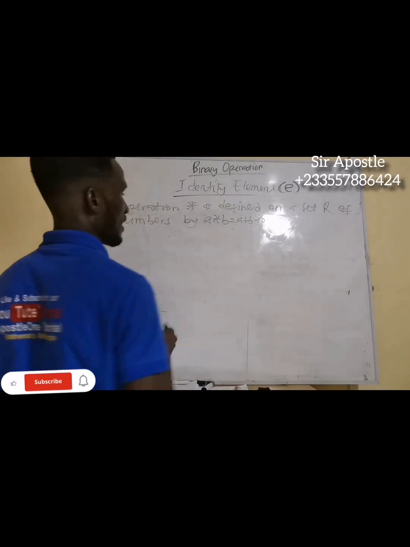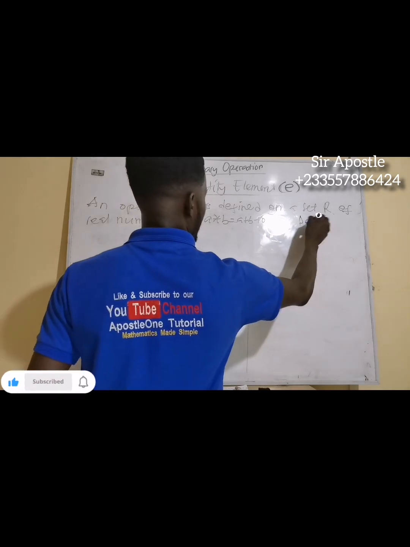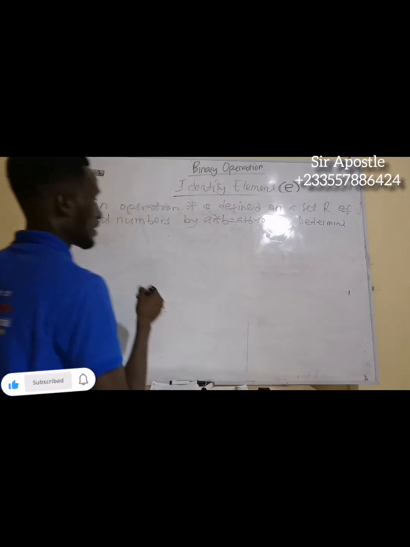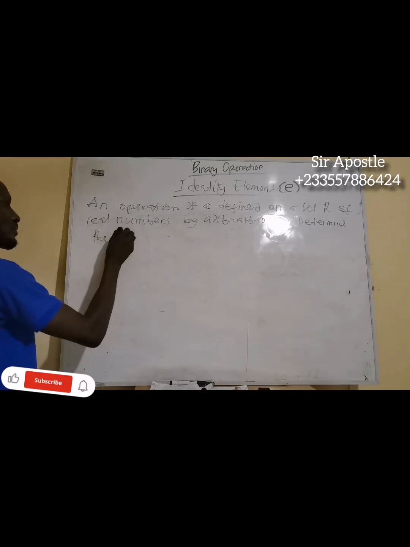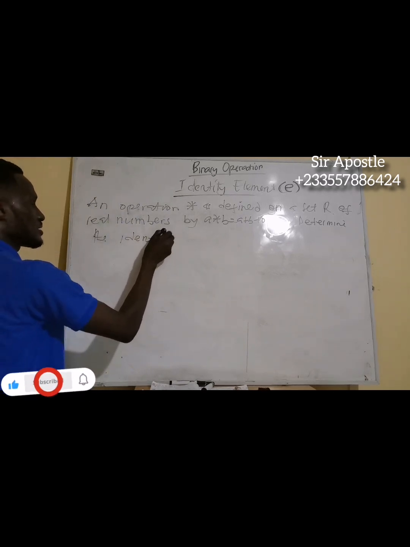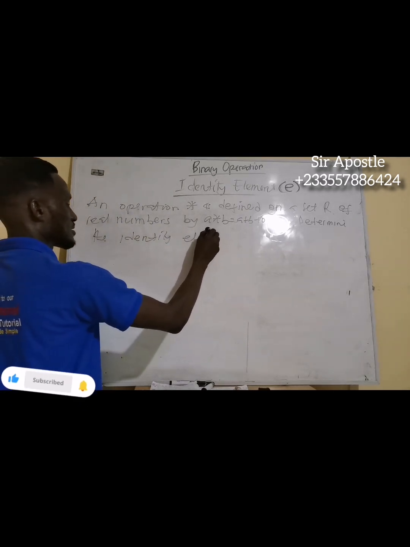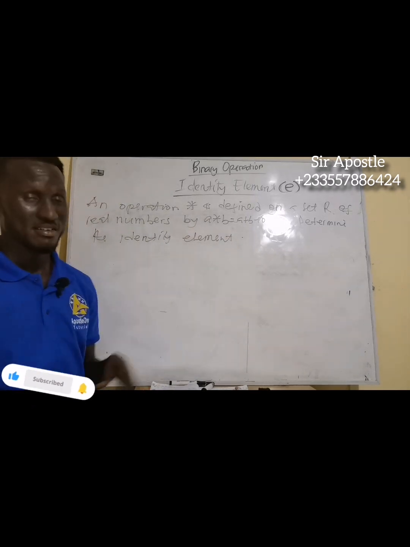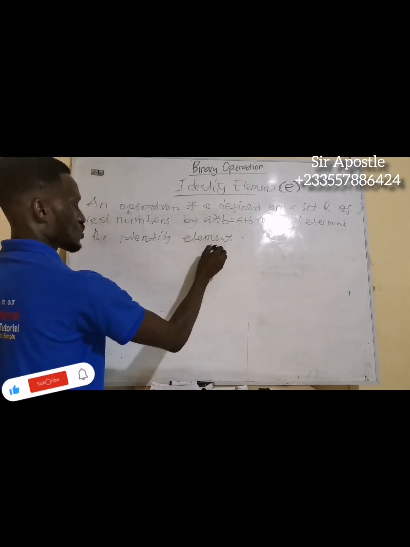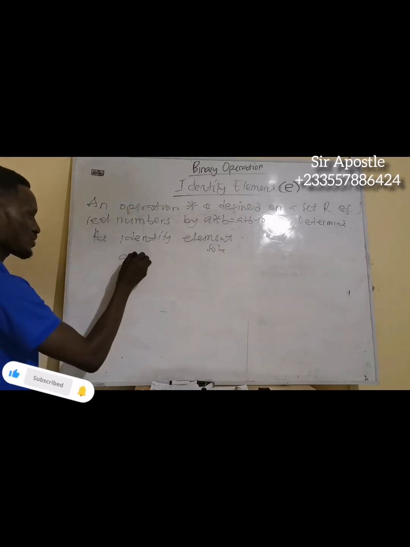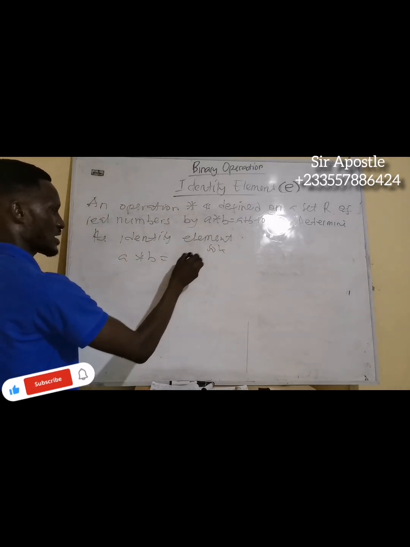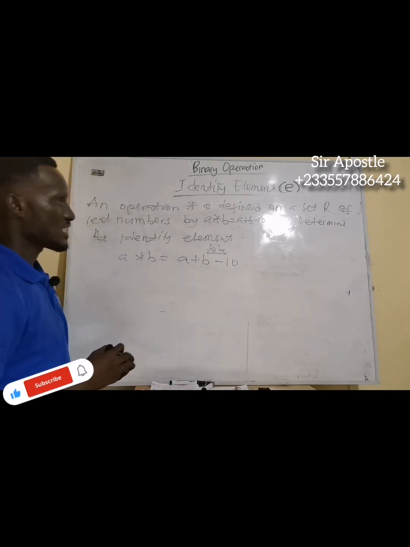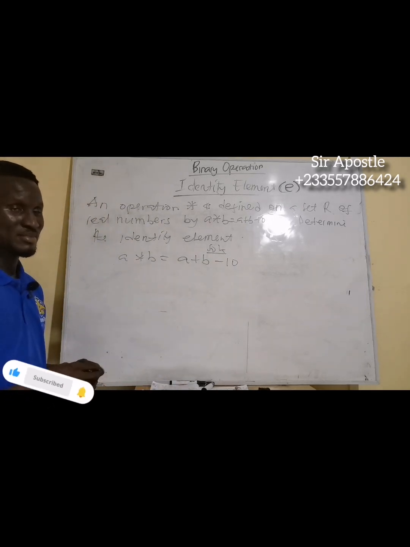Now determine the identity element. So this one is a real number. Let's see how we can find the identity element here. The operation is A operation B equals A plus B minus 10, and we are supposed to find the identity element, right?